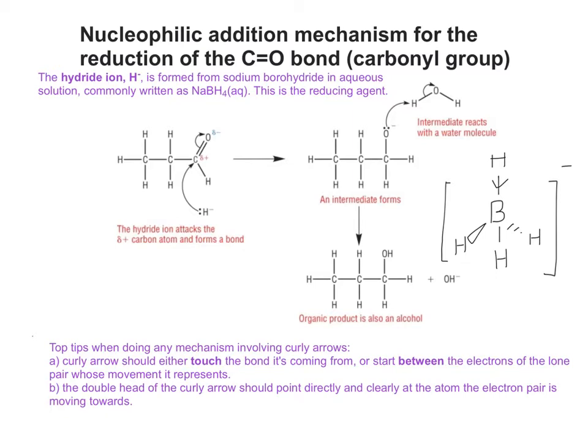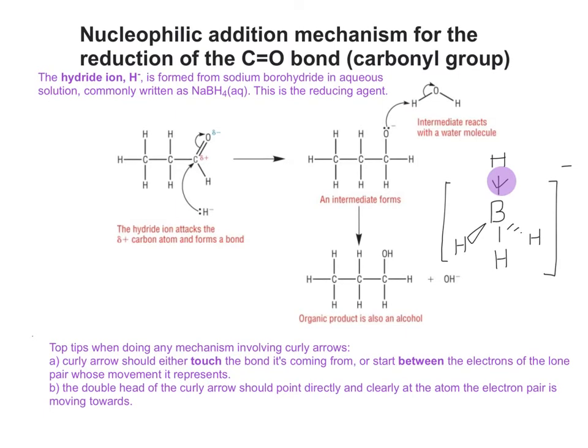But look at how the actual bonding works. It's not that the boron is donating 2 electrons to the bond. It's actually dative covalently bonded with hydrogen donating 2 electrons to the bond, which is quite unusual. So this is a source of the H- ion.